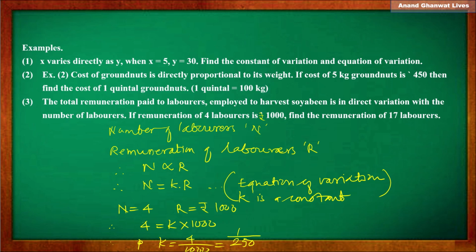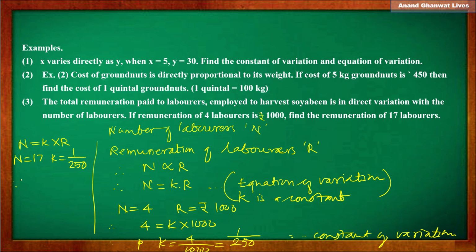That is the value of k, the constant of variation. Now let us write the equation again. N is equal to k into r. Now we know that laborers are 17, so n is equal to 17, and k is equal to 1 upon 250. Therefore 17 is equal to 1 upon 250 multiplied by r.